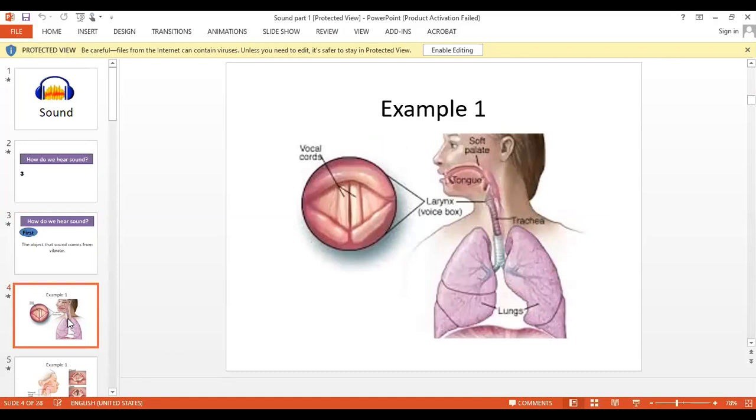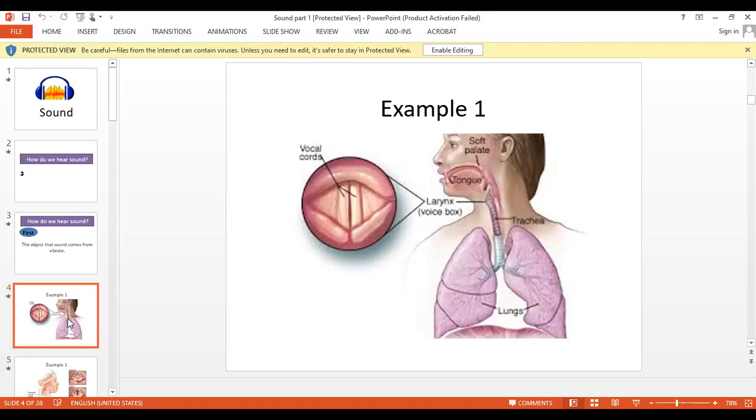Inside this voice box there are the vocal cords, and when we start to talk, they start to vibrate, and this vibration makes the surrounding particles of the air vibrate. And this is what makes sound travel from the source of the sound. If I'm talking, I am the source of the sound, to the ears of the person in front of you.